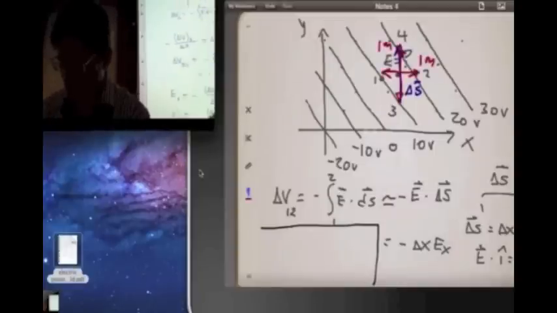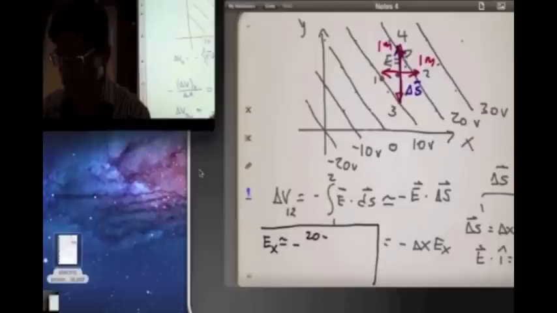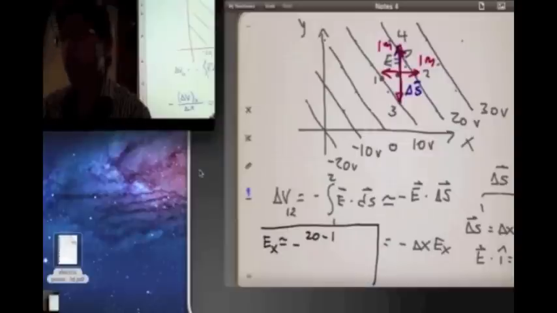So if we were to put some numbers into this calculation, for the E sub x, the x component of the electric field, we're going to move in the x direction, and we're going to go from 1 to 2. So delta V is the potential at point 2, which is on the 20 volt line, minus the potential at point 1, which is along the 10 volt line.